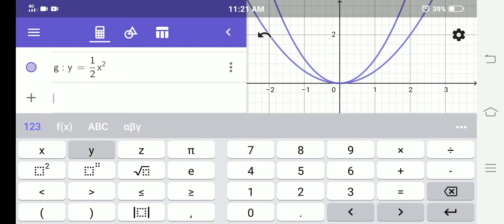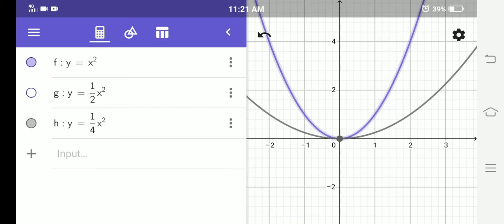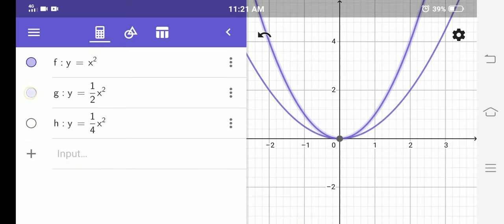Tingnan natin yung isa pa. Let's say y is equal to gawin nating 1/4 x squared. See the difference? From x squared, ginawa nating 1/2 x squared, ginawa nating 1/4 x squared. So, lumapad ng lumapad yung parabola natin.